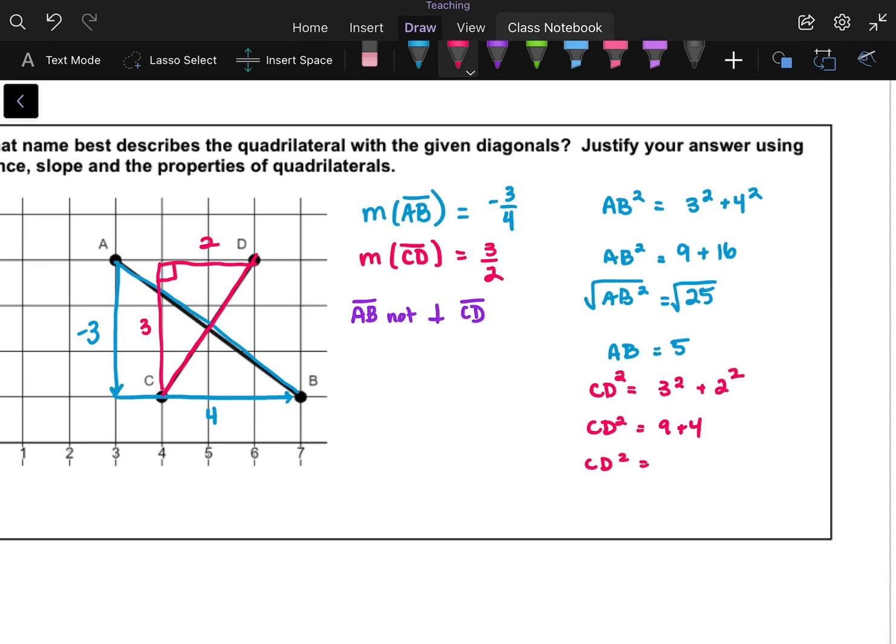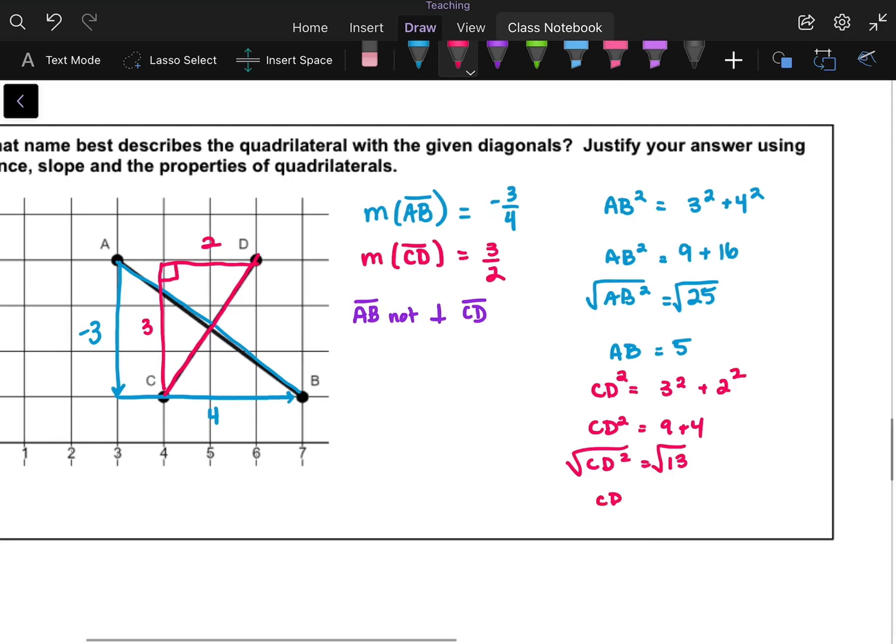So we get that this is equal to 13. Take the square root of both sides, and we get CD equals the square root of 13. So don't forget your square root there. What we get from this is that those two diagonals are not congruent to each other. They are not equal in length.